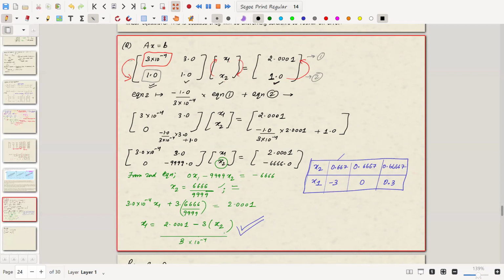Yes, this quantity which should have been multiplied with x1 will now get multiplied with x2. Consider the first row. If the first row is coming down and this one is going up, this element is multiplied with x2, not x1, if you swap x1 and x2.